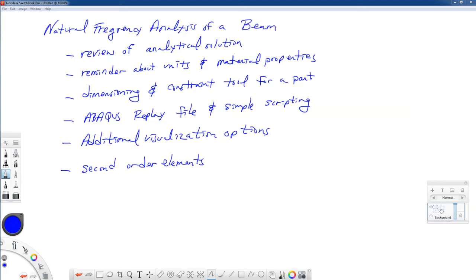Then we'll bring up our window. But before we get into some of that, what we're going to do is take a look at the problem that we're going to solve today. We're going to take a look at a square cross-section beam.